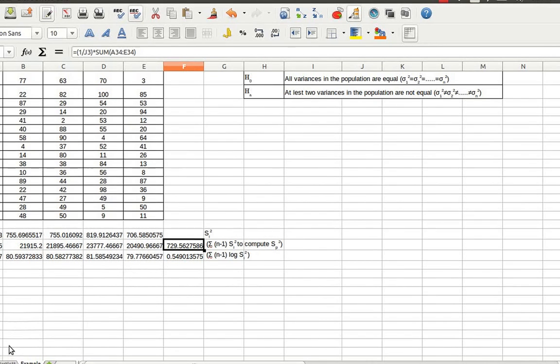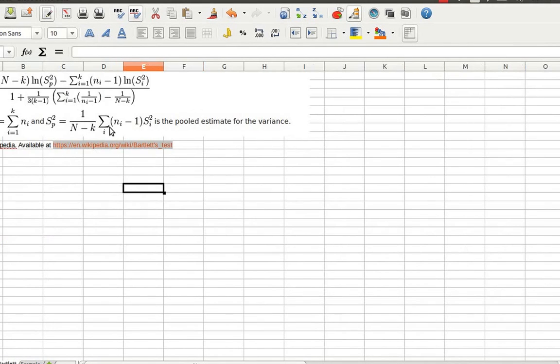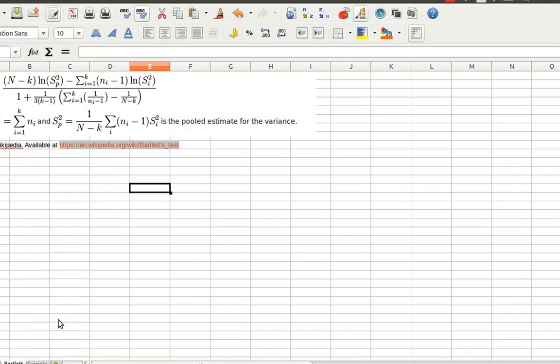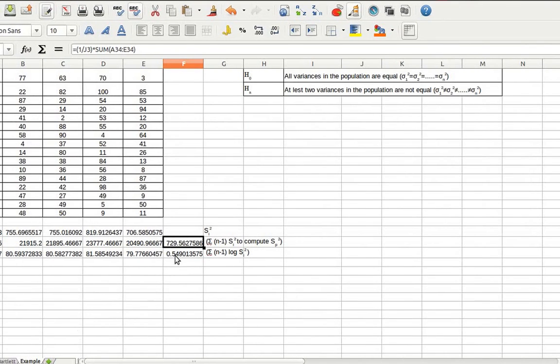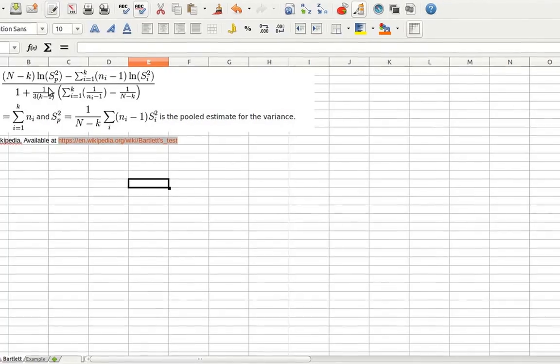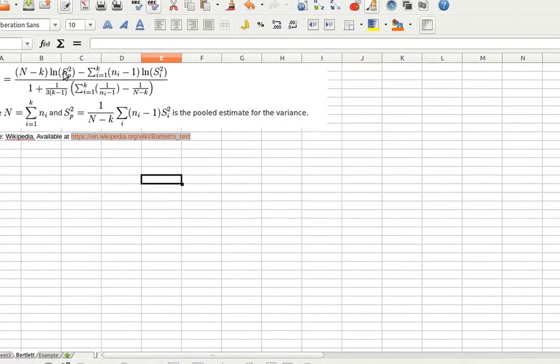That is the pooled variance, and we have to take the log values of this pooled variance, in order to compute the log sp square.